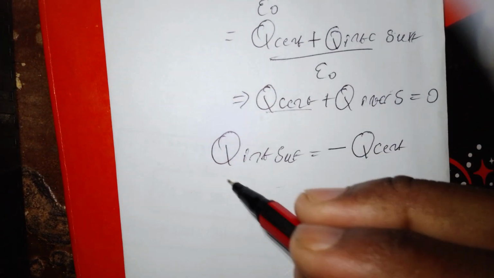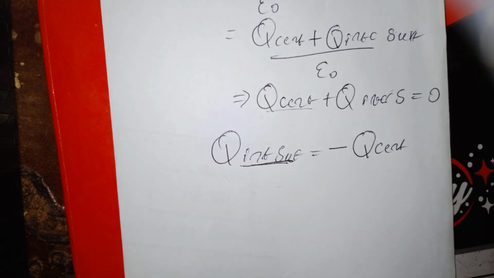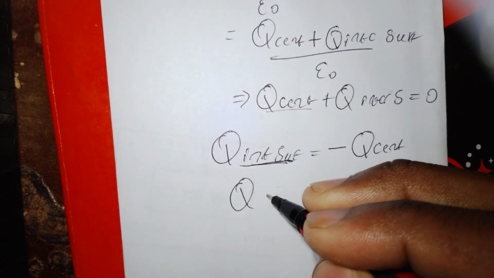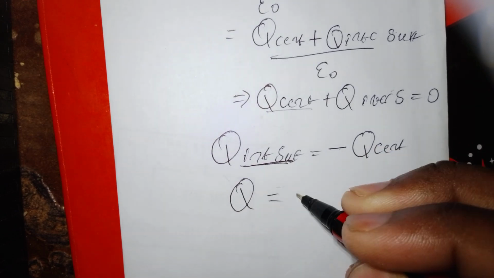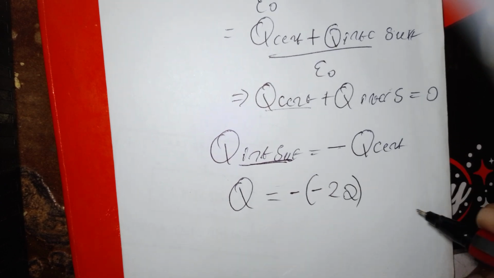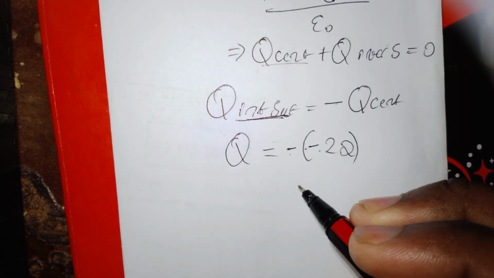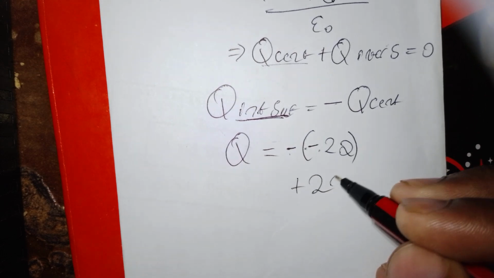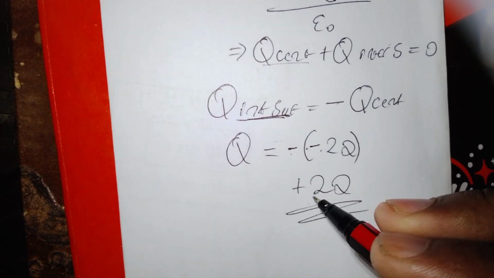It is negative of -2Q, so negative times negative gives us a positive. It will be positive 2Q. This is the charge on the interior surface.